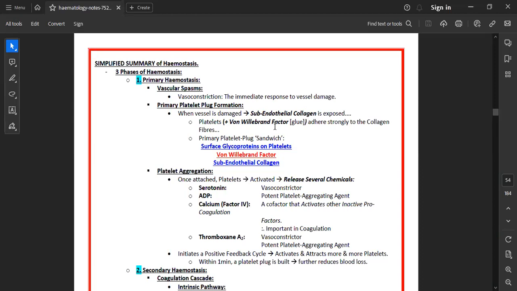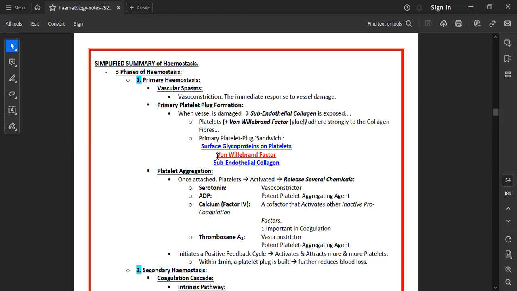Now hemostasis is initiated, where a sort of sandwich is formed. The von Willebrand factor, which is on the platelets, acts as a glue that binds to the collagen, aiding the platelets in binding to it. That is the first step of primary hemostasis. It helps to start plugging the leak.